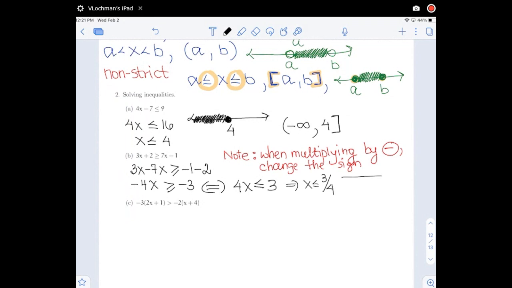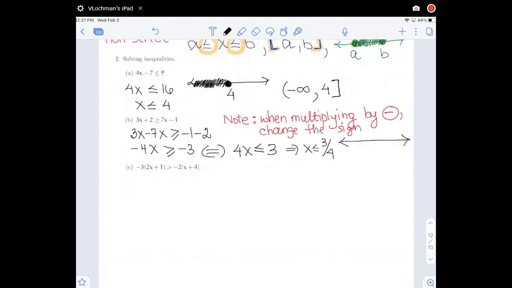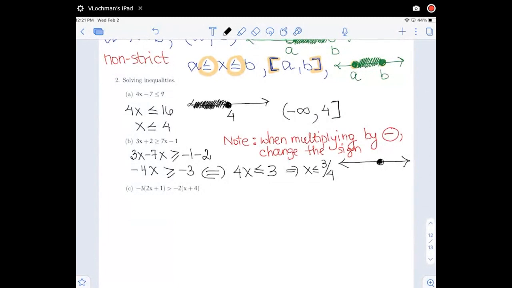What's my graph? 3/4 will be shaded, and I'm going to the left side of this. The interval notation for this solution would be -infinity up to 3/4 with a bracket. The inequality is non-strict, so we're allowing the endpoint to be part of the solution.